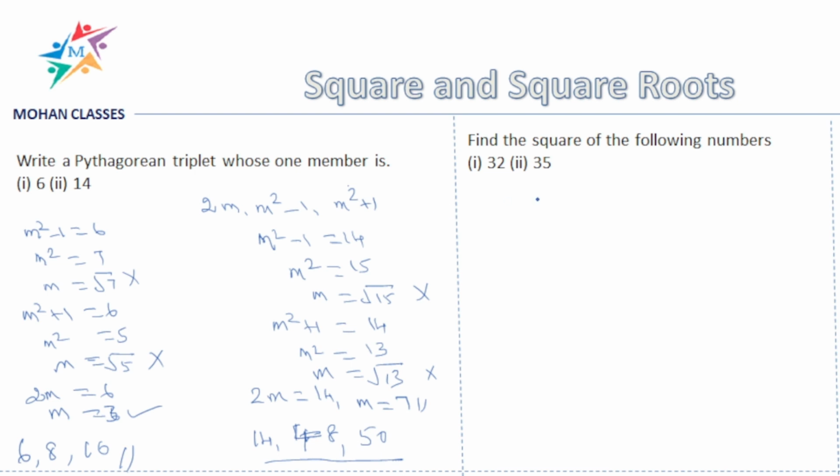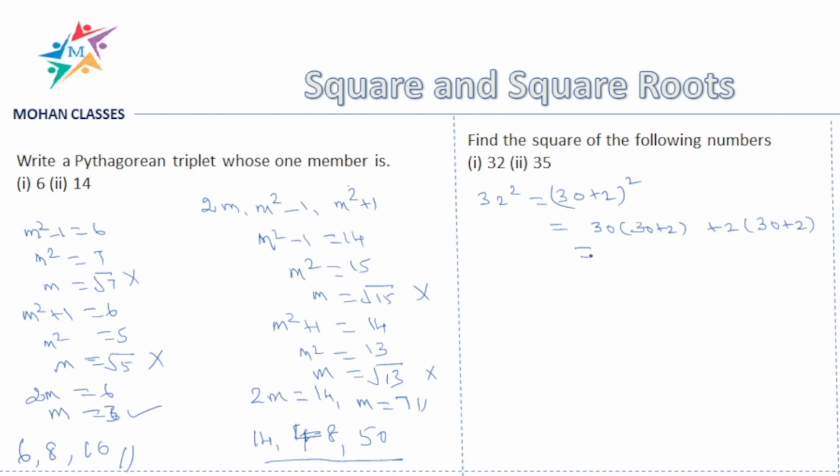Find the square of the following numbers. I told you some formula. So 32 square can be written as 30 plus 2 whole square. That is equal to 30 into 30 plus 2 plus 2 into 30 plus 2.